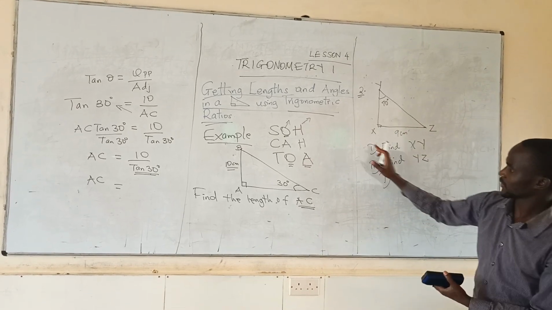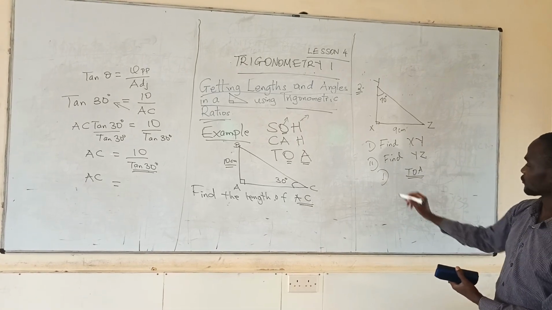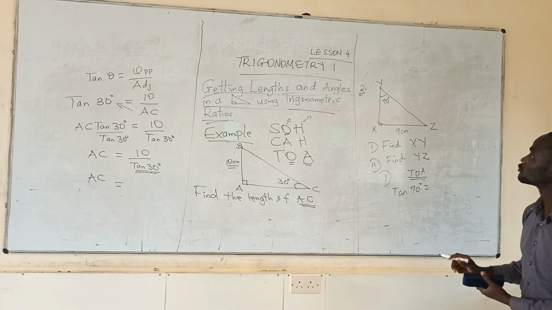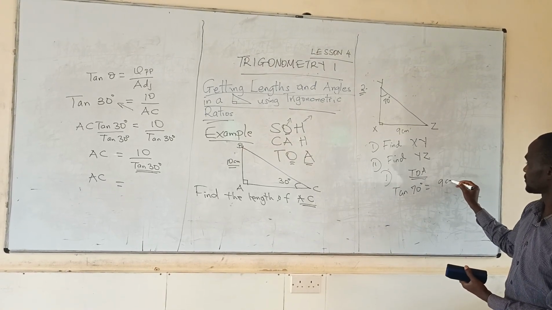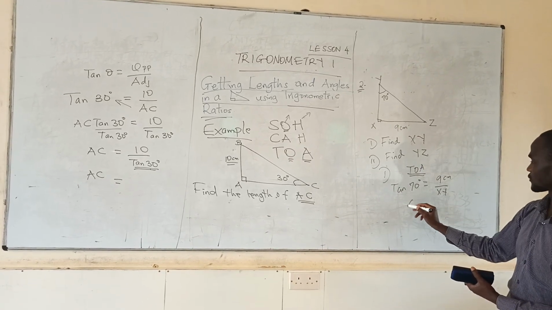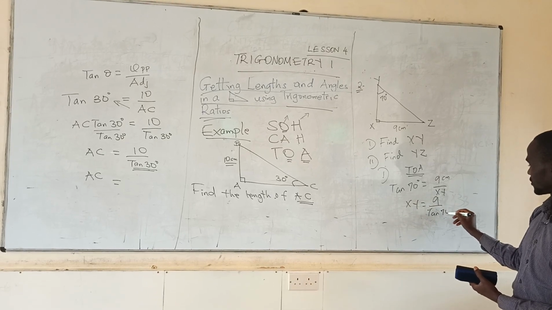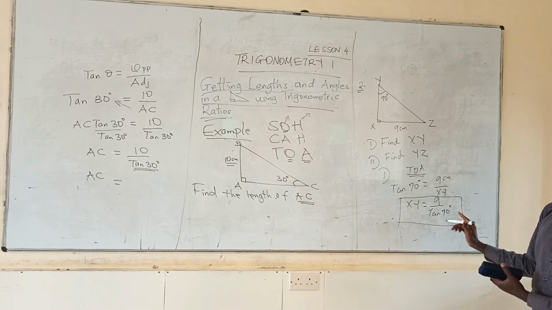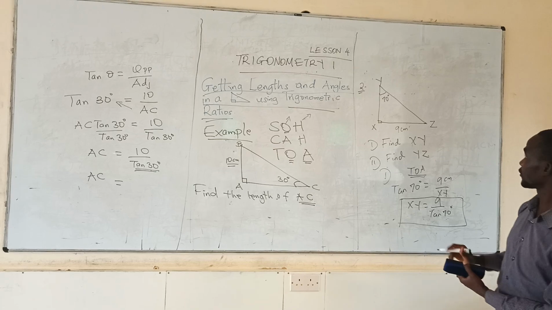So we'll use the tan in that part 1. So we'll say tan 70 degrees is equal to the opposite, which is 9 centimeters, over the adjacent XY. So we'll have XY is equal to 9 over tan 70 degrees.